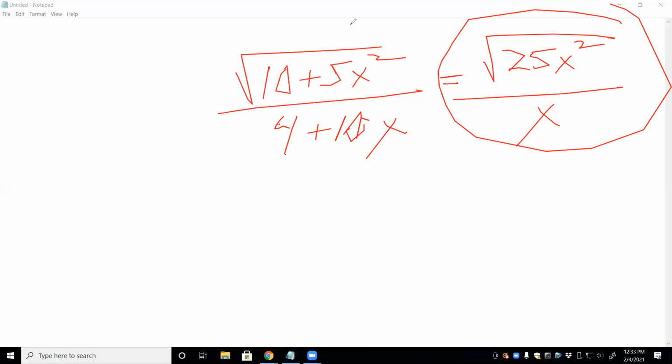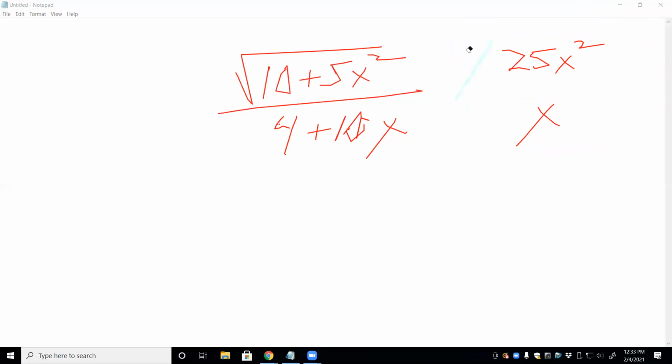Now, they complicate the situation considerably by putting it into this format over here on the left, because you can't take the square root of 10 plus 5x squared. But you know that if you could, it would bring that down to x. In other words, that's going to be an x in the numerator, and I'm going to have an x in the denominator.